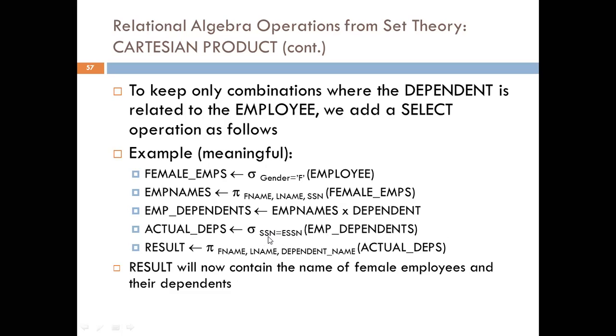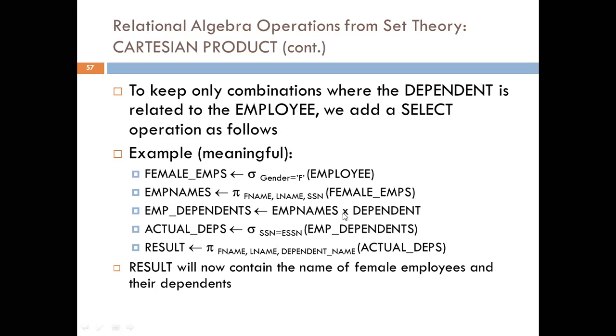SSN belongs to the employee table, whereas ESSN belongs to the dependent table. Only those rows in the result where the SSN attribute value and the ESSN attribute value are the same will be retained, and those which are different will be discarded. Then the actual dependents for the female employees will be retained.